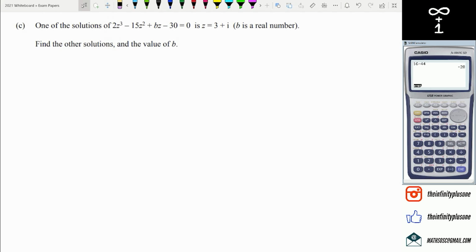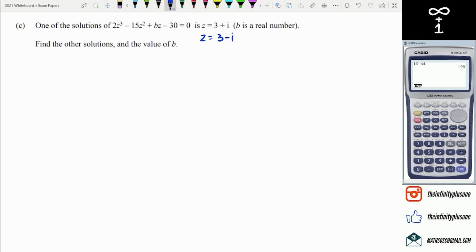What we've got here is we are told that one of the solutions is z is 3 plus i. We've got to try and figure out the other solutions and the value of b. So the first thing I'm going to talk to you guys about here is this. Because it's complex, we know that if z is 3 plus i is one solution, then 3 minus i is another solution.